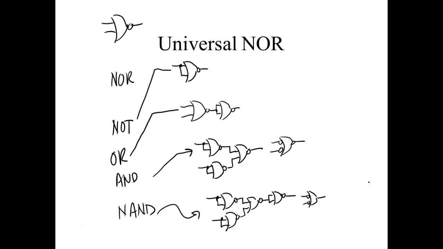So the NANDs and NORs are universal gates, and they're called universal gates. Why? We can make all the 5 basic gates out of just combining these things.